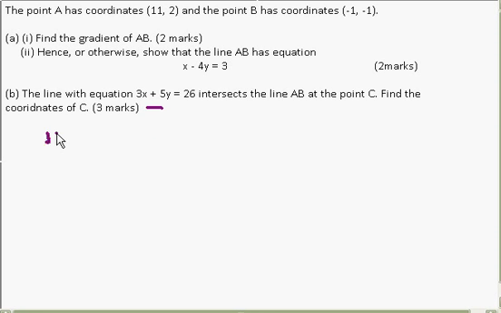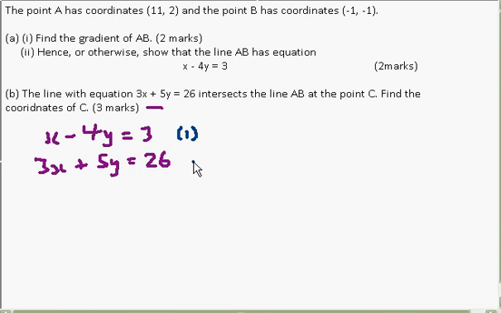So what we've got is x minus 4y equals 3, and we've got 3x plus 5y equals 26. Now just by my setting it out in this way, alarm bells should be ringing to tell you that this is a simultaneous equations problem. Okay, so I'm going to change colour again, and I'm going to call this equation 1 and this equation 2.